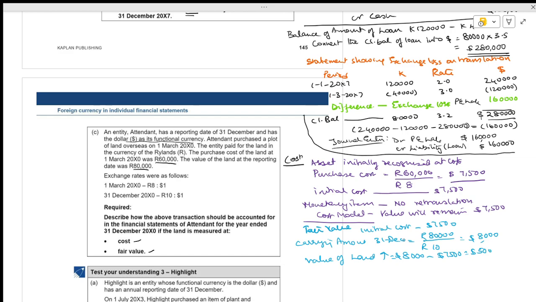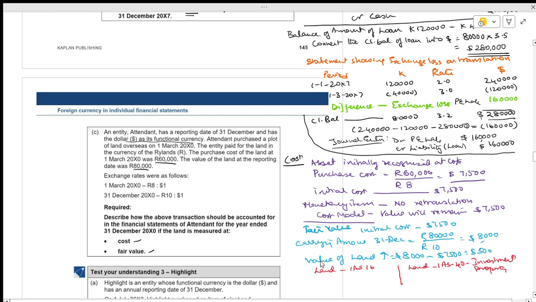Now you have two things that have to be done. If the land is held as per IAS 16, what is the treatment? If the land is held as per IAS 40, investment property, what is the treatment?